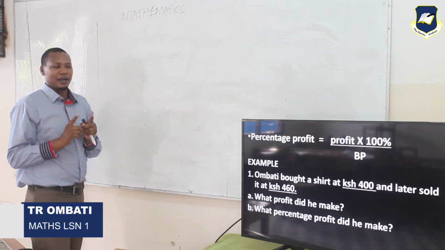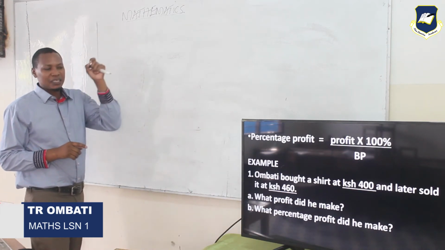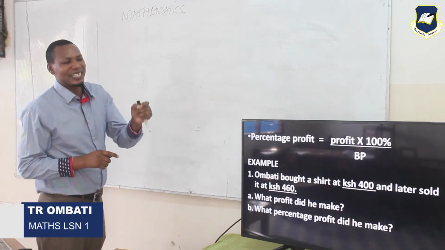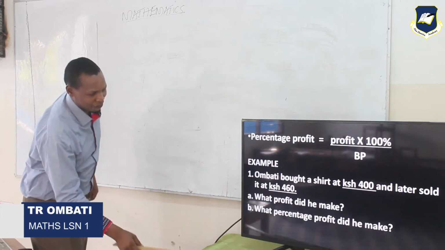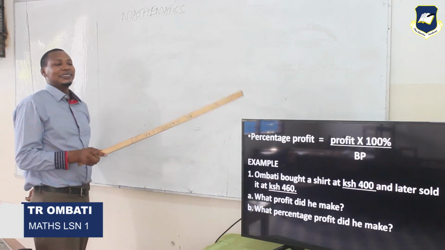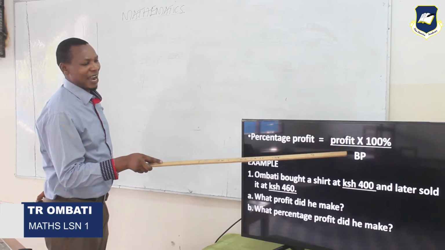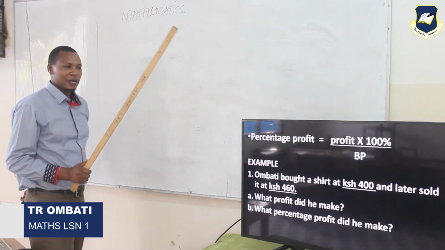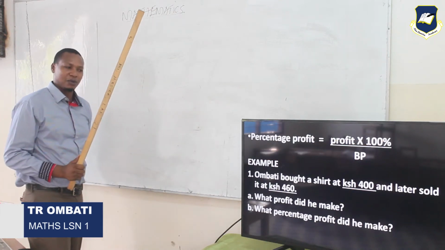Understand that one very clear. Percentage profit is the profit expressed as a percentage of the buying price. So percentage profit is given as the profit divided by the buying price multiplied by 100%. Want you to understand that one very clear.